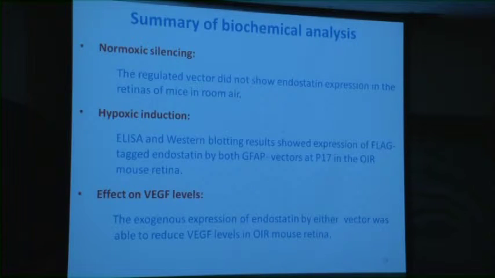So I am just going to tell you the summary of our biochemical data. We were able to show that there is normoxic silencing. The regulated vector does not show endostatin expression in the retinas of mice in room air. We showed a hypoxic induction when we give our treatment, by doing ELISA and Western blotting to show expression of our flag-tagged endostatin, which is in the GFAP vector, at P17 in those mice that were in this OIR model.